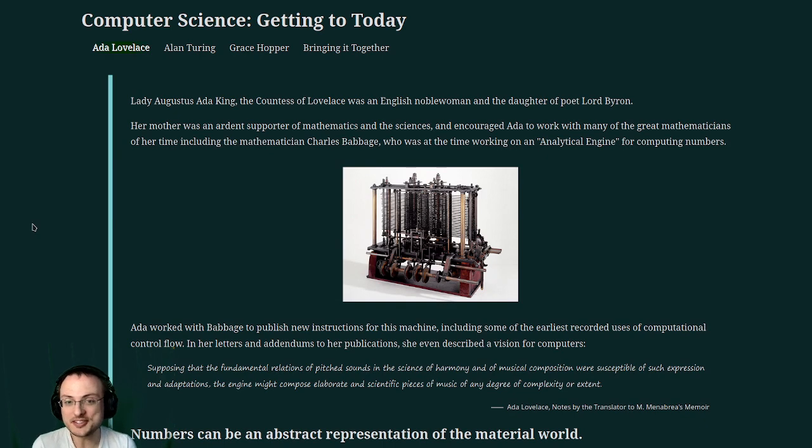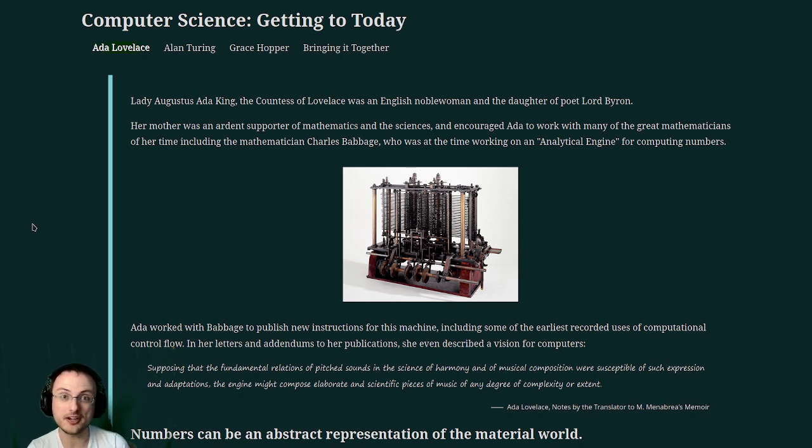So Ada Lovelace, who was born Lady Augustus Ada Byron, daughter of the poet Lord Byron, if you've heard of him. Later, she married someone named King, and became Countess of Lovelace. Her mother was a huge proponent of mathematics.